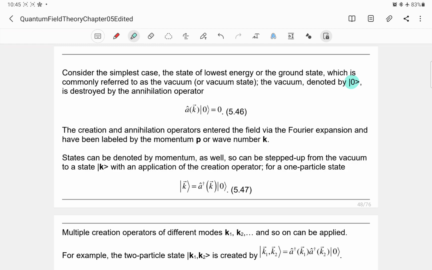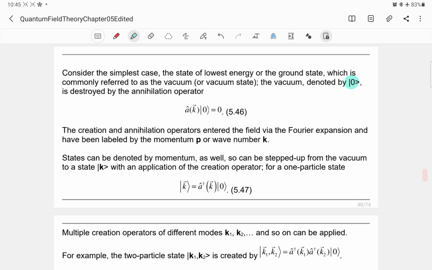States can be denoted by momentum as well. So we can step up from a vacuum state to a k state. This means that from a vacuum state you can create a particle with momentum k if you apply a creation operator, giving a one particle state with momentum k.